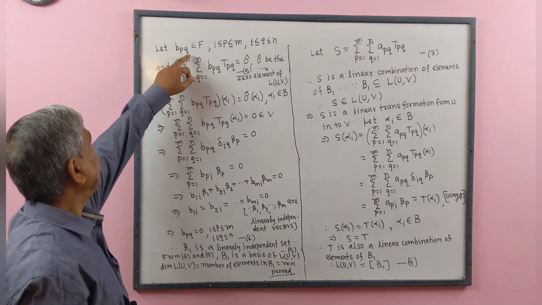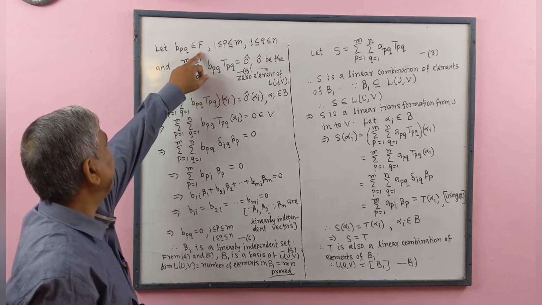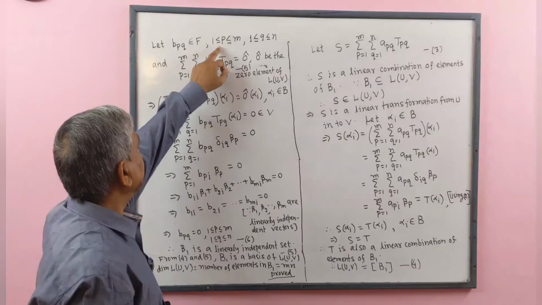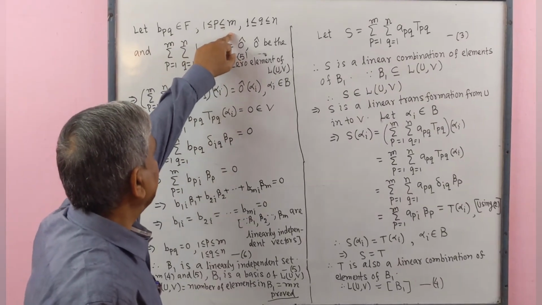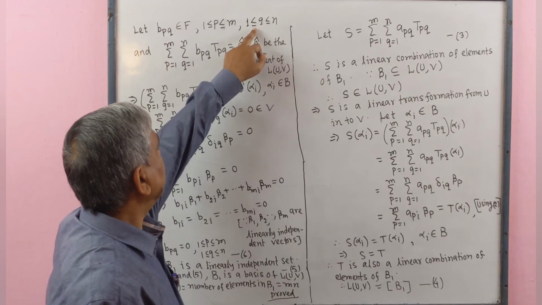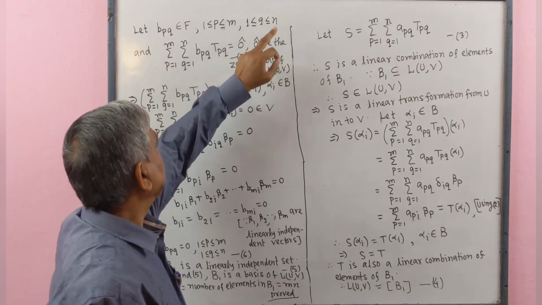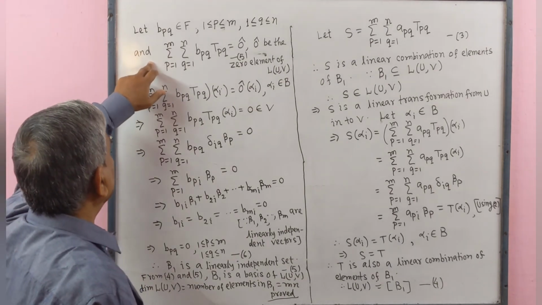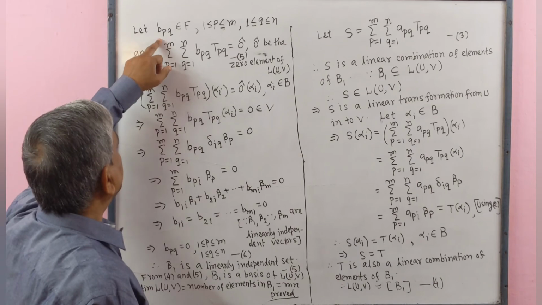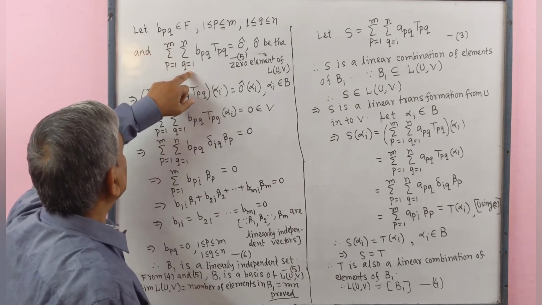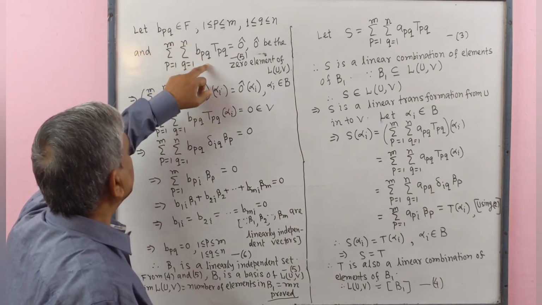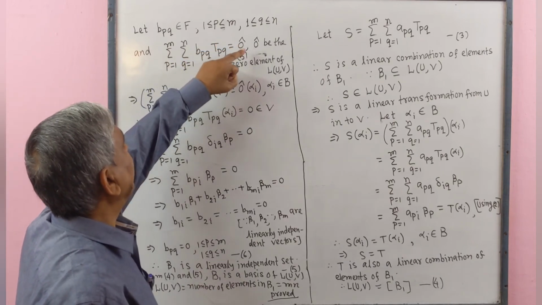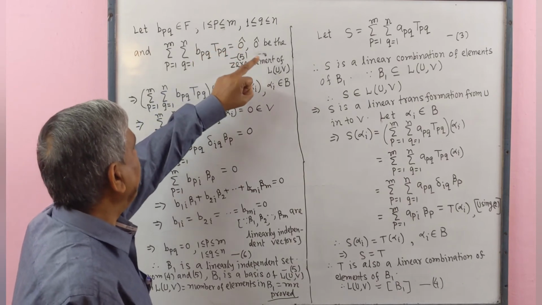Let BPQ belong to field F, where P is greater than or equal to 1 and less than or equal to M, and Q is greater than or equal to 1 and less than or equal to N. And let sigma P equal to 1 to M, sigma Q equal to 1 to N, BPQ TPQ equal to 0, the zero element of LUV.